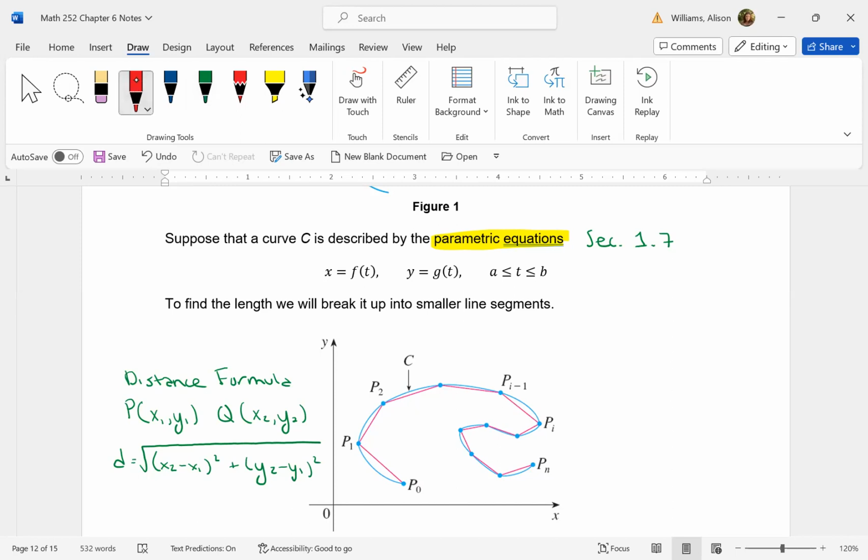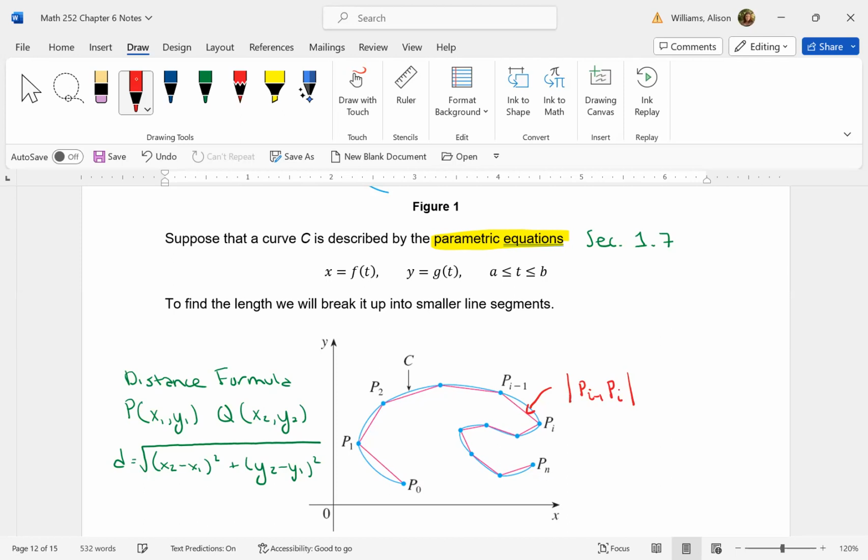Before I do, I want to introduce a notation. You probably have seen it before, but just in case you haven't, for this specific line segment here, if I wanted to write it in a special notation, I would use P sub i minus 1 to P sub i. Those are the two endpoints, and then put absolute value marks around it. We're not thinking of them strictly as absolute values.